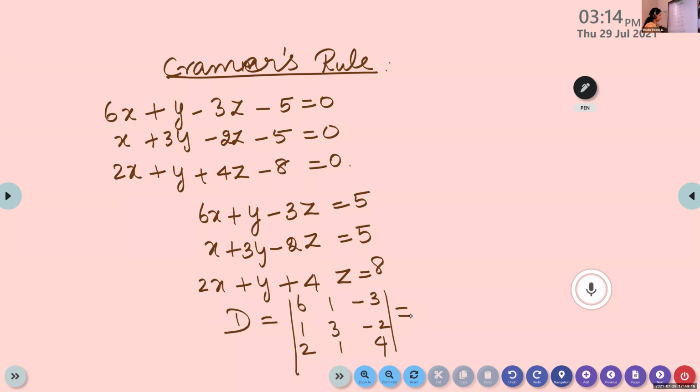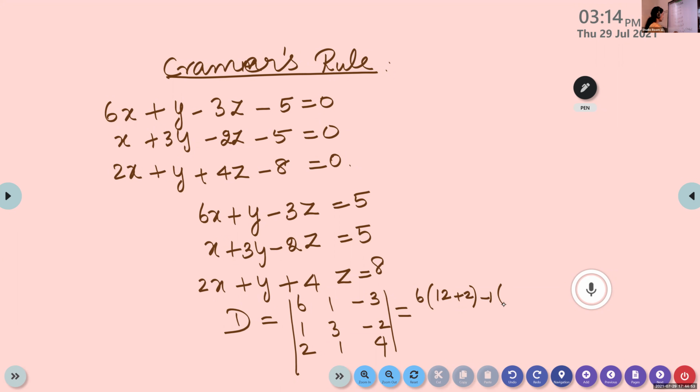What is the value of D? And you evaluate this determinant, what will you get? 6 into 12 plus 2, isn't it?